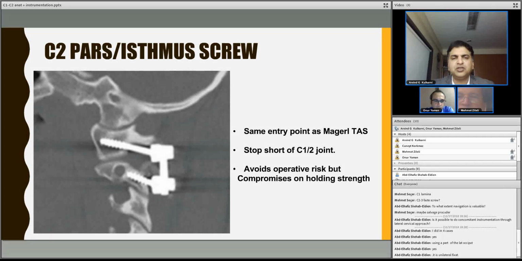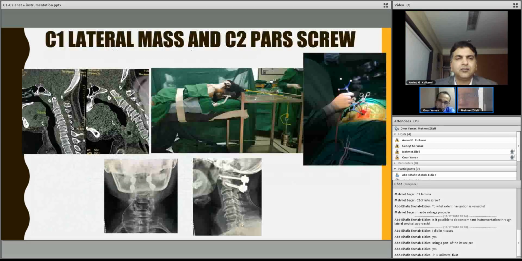This is not as strong as the C1 lateral mass C2 pedicle screw configuration, but it is satisfactory. This is a case example of a C1 lateral mass and C2 pars screw. If the screw at C2 were more medial, then you could say it is a pedicle screw. So this is a C2 pars screw and the C1 lateral mass screw. I did this very recently, and as you see, I used navigation in this particular case.